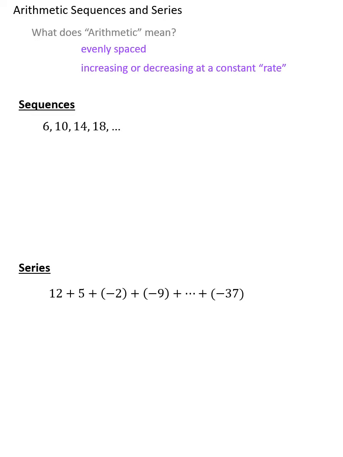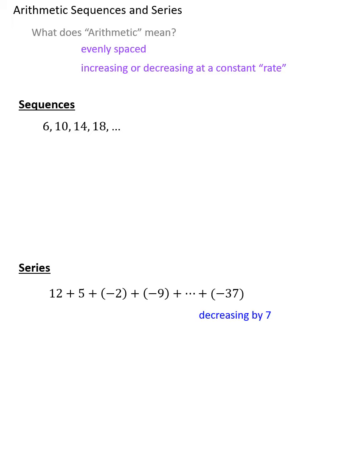Here's a series. You'll notice there's a pattern to this series as well. I'll pause while you notice the pattern. You may or may not have noticed that this series has terms that are decreasing. Each one is 7 lower than the previous one.